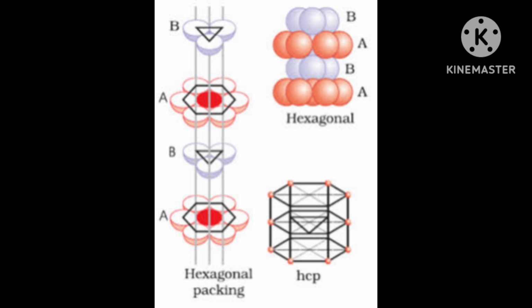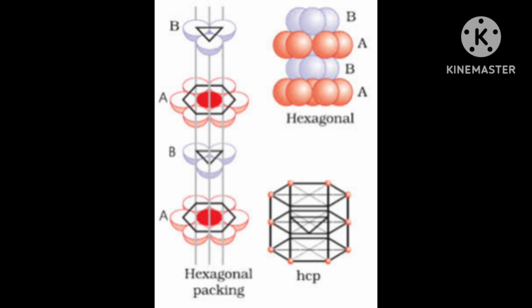For covering octahedral voids, the example is copper and silver. And the first one, the example was magnesium and zinc. This is very, very important. The first one I discussed was tetrahedral, placing the third layer under the second layer.